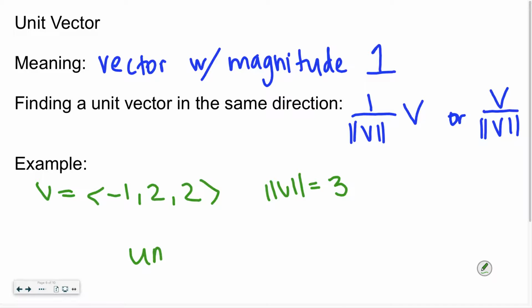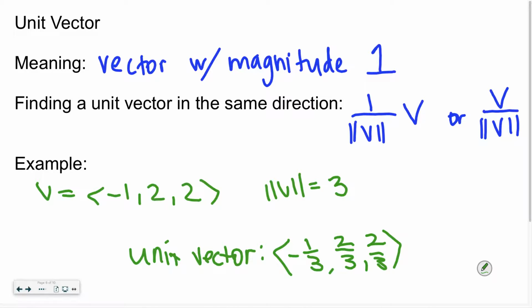So our unit vector in the same direction, remember if we take a scalar and we multiply it to a vector, it's going to change the length of the magnitude of the vector, but it's still going to be going in the same direction. So we would have -1/3, 2/3, and 2/3. Since these two are scalar multiples of each other, they are parallel vectors.